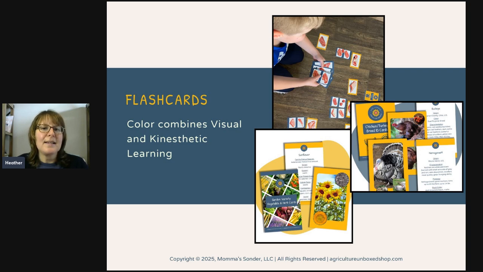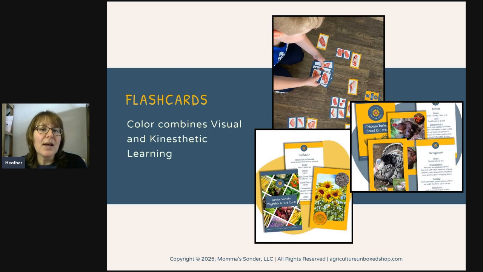And again, visually, we can see the breed of the animal or the plant on the front, and on the back we have the information. So it can be reading or writing as well, a combination with flashcards, because the back is also information that they are reading and learning.